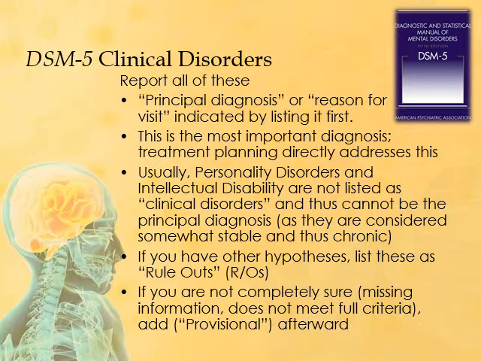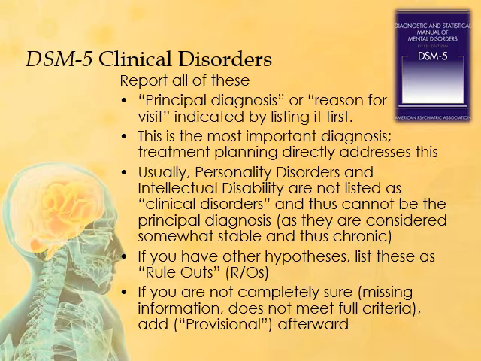So we begin listing diagnoses with the principal diagnosis or reason for visit. This is listed first. We want to first indicate what diagnosis is the one that the client is coming in and receiving treatment for. This is really important to get right for a few reasons.